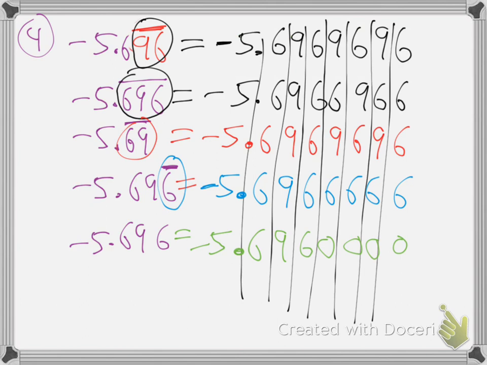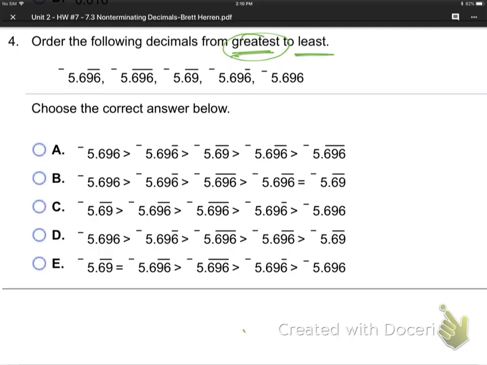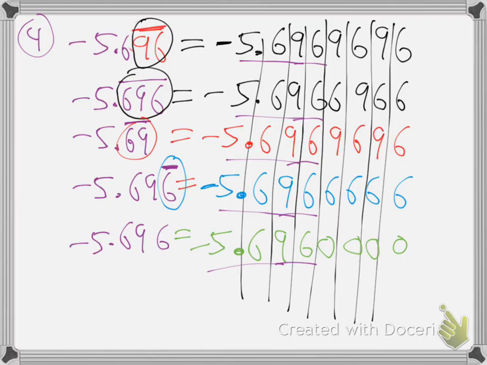So with that in mind, when they say put the greatest first, the greatest will mean the least negative. These are all negative. So which one of these is the least negative? Can you tell? Let's compare. They all start off 5.69. So far, so good. And then they all come with a 6 next. They're all the same up to there, aren't they? They're all 5.696. After that, we're looking for the greatest, which means the least negative. Next comes a 0, next comes a 6.